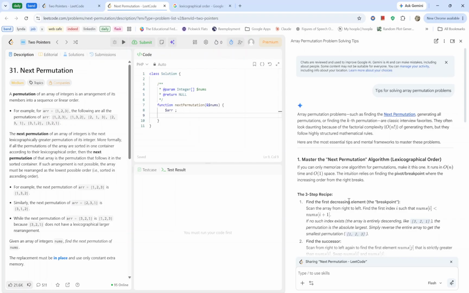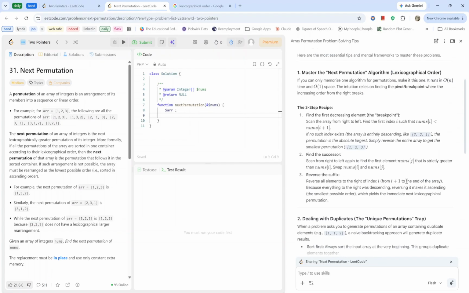If you can memorize one algorithm for permutations, make it this one. It runs in O(n) time and O(1) space. The intuition relies on finding the pivot breakpoint where the increasing order from the right breaks. The three-step recipe: find the decreasing element breakpoint, scan the array from right to left.